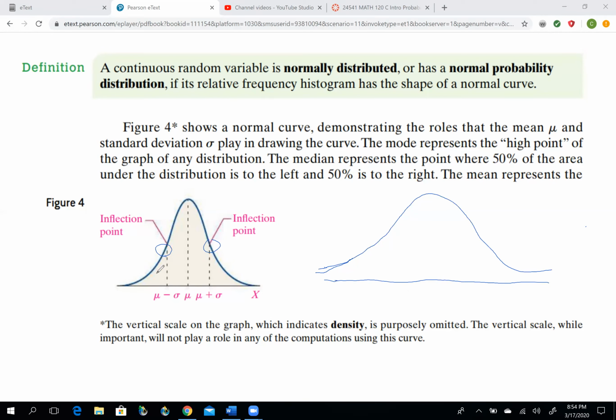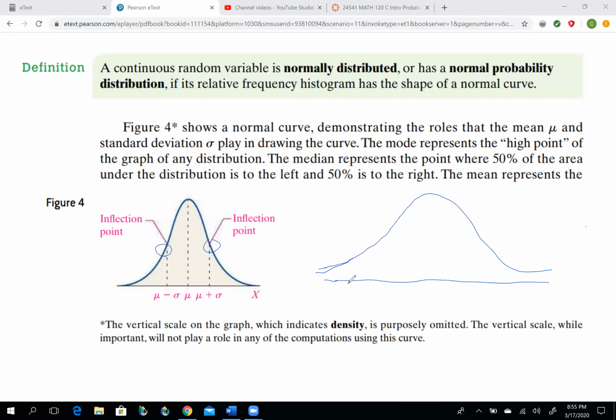The inflection point to the left is going to be mu minus 1 standard deviation, and the inflection point to the right is going to be mu plus 1 standard deviation. And the middle line is my mean, that is called mu. And again, guys, these lines never ever touch the x-axis.